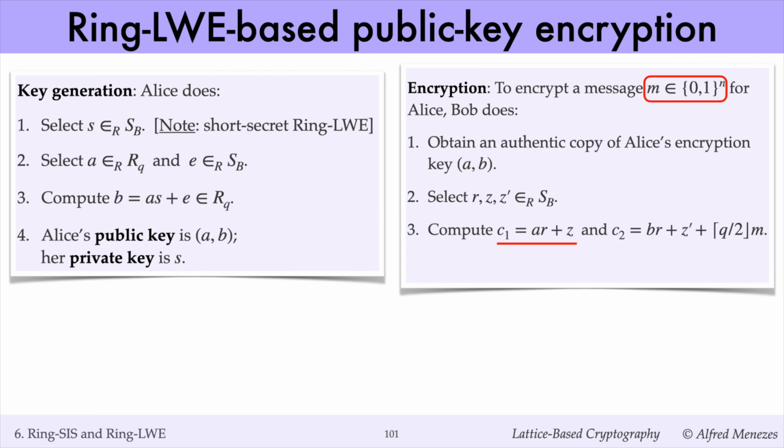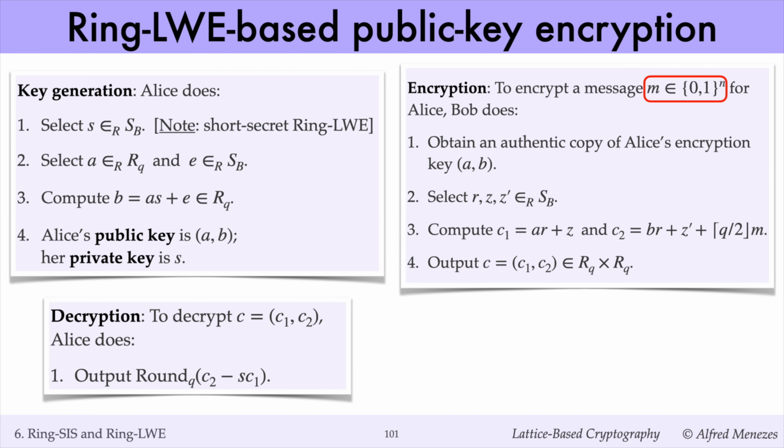He then computes C1 equals AR plus Z, and C2 equals B times R plus Z prime plus M times Q over 2. Note that each coefficient of the plaintext polynomial M has been scaled by multiplying it by Q over 2. The ciphertext is comprised of C1 and C2.